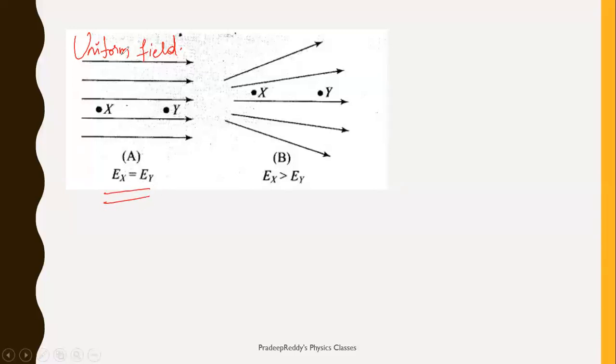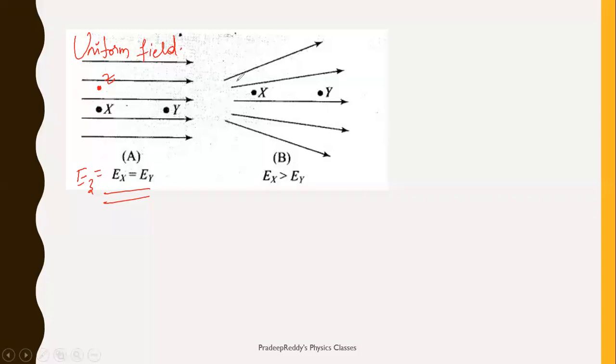Similarly, the field produced at this point, I denote it as Z. So Ez magnitude is also equal to Ex, and that magnitude is also equal to Ey. So in the uniform field, wherever you take any point, the field will always be equal. Everywhere the field magnitude remains the same.